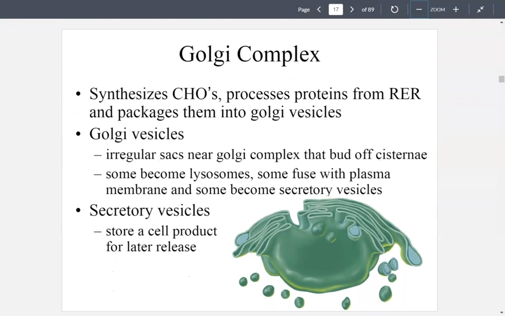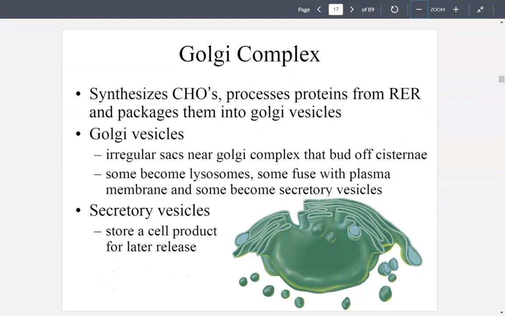The Golgi apparatus is going to package them up in what we call Golgi vesicles, which are just irregular sacs that bud off. Some will become what we refer to as lysosomes, which we'll talk about here shortly. Some are going to fuse with the plasma membrane, and some are going to become what we call secretory vesicles.